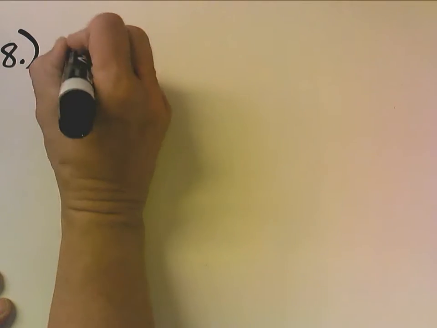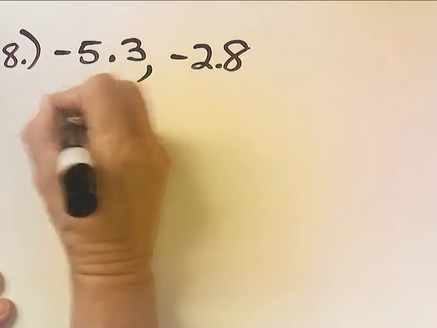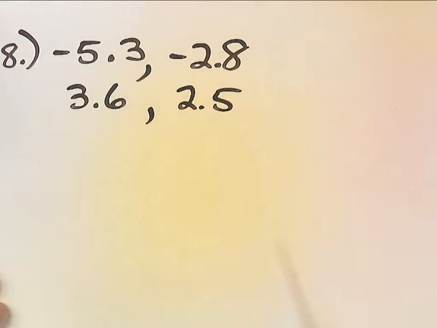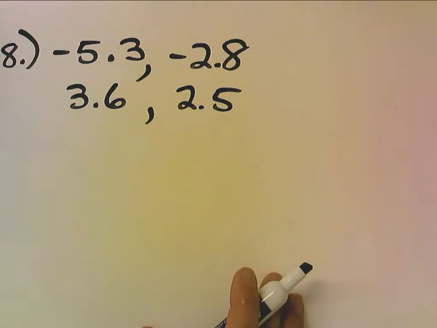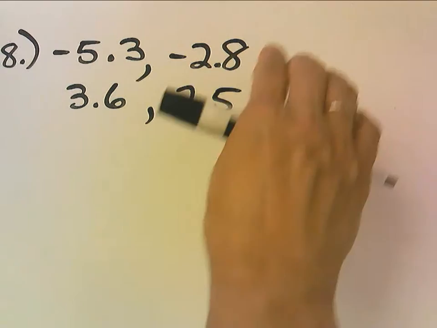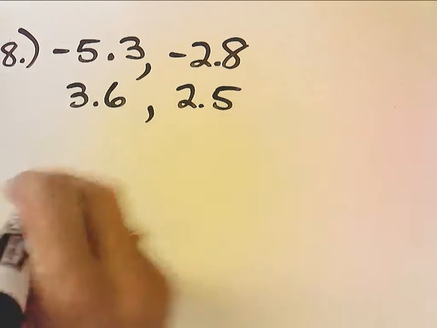Now, we're going to find the mean. We're going to look at number 8, because this has decimals. And let's find the mean of these numbers. Now, the best way to handle this, and I strongly suggest you do it my way, is add the negatives together first, then add the positives together.